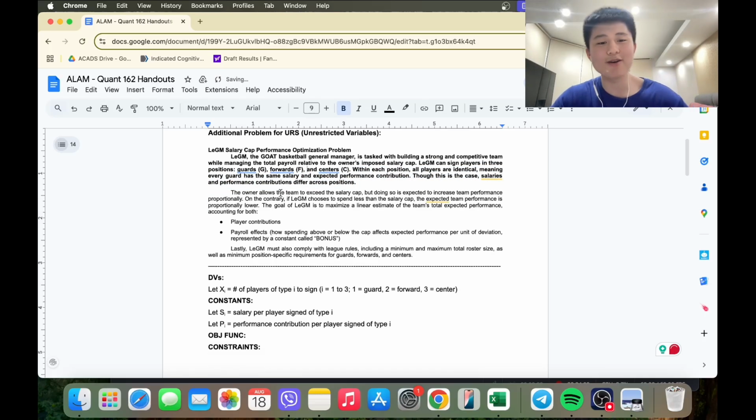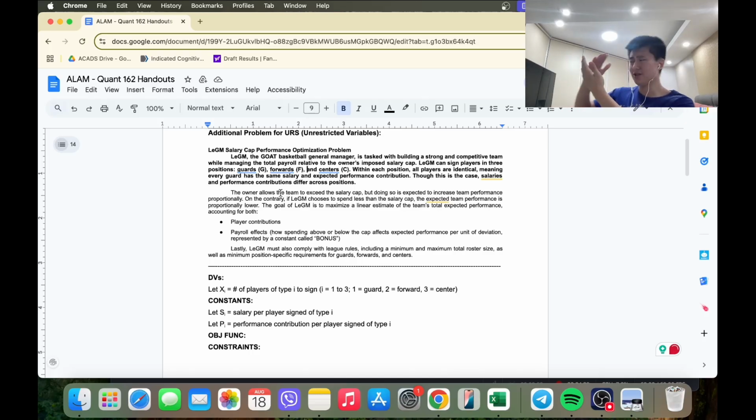Now, the owner allows the team to exceed the salary cap, but doing so is expected to increase team performance proportionally. On the contrary, if the GM chooses to spend less than the salary cap, the expected team performance is proportionally lower. What we notice here is it either goes above the salary cap or below the salary cap.